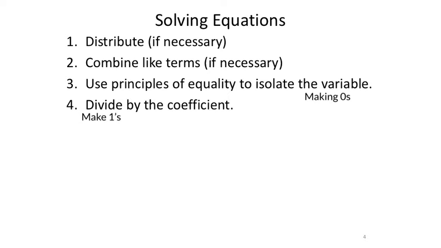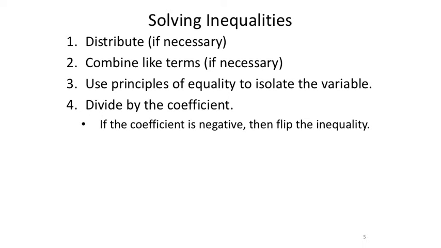We are talking specifically about the coefficients there, but the same two properties, or rules, or steps, are used with inequality as well. Using principles of equality to isolate the variable, that's making zeros, and then dividing by the coefficient, that's to make ones. And then if the coefficient is negative, then flip the inequality.